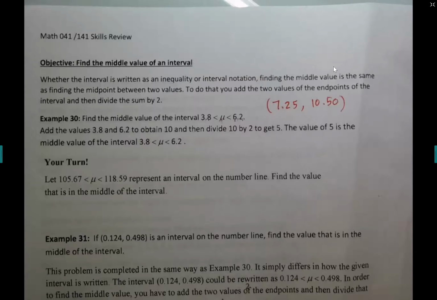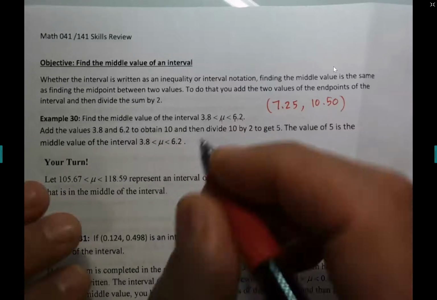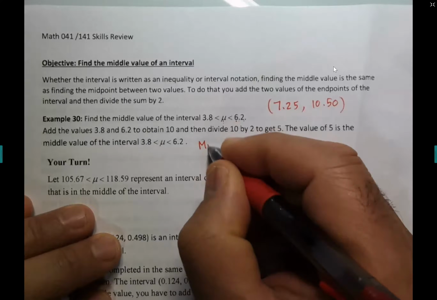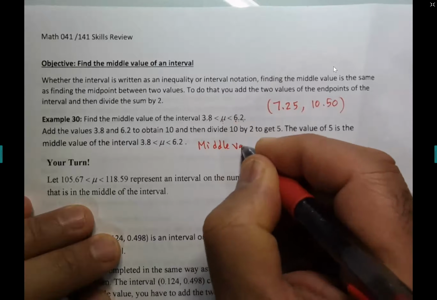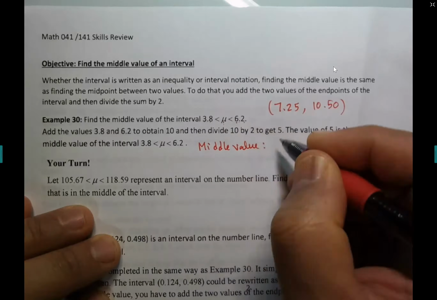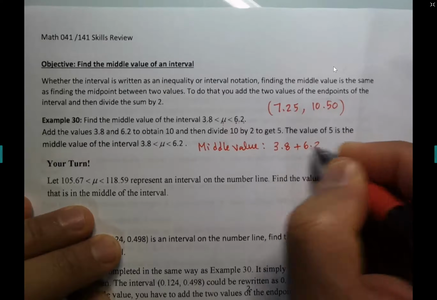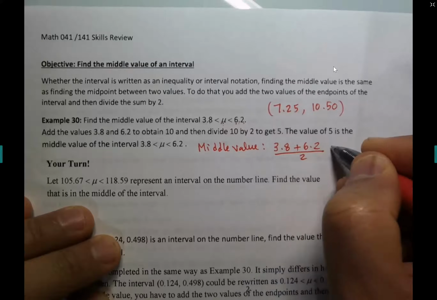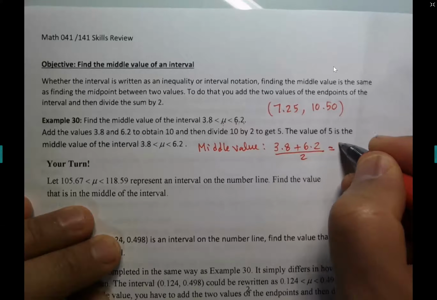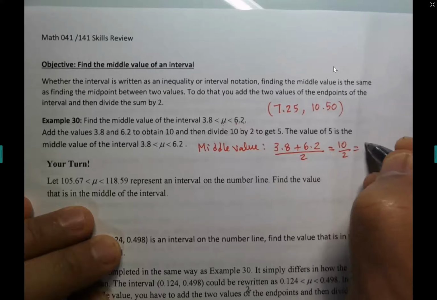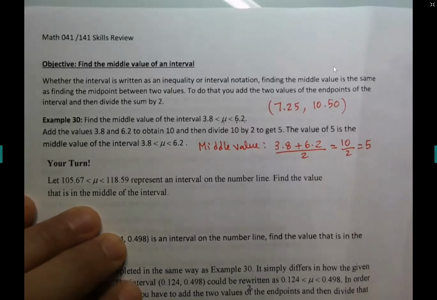You just add them up and divide by 2. So the middle value will be 3.8 plus 6.2 divided by 2, which is going to be 10 divided by 2, which is 5.